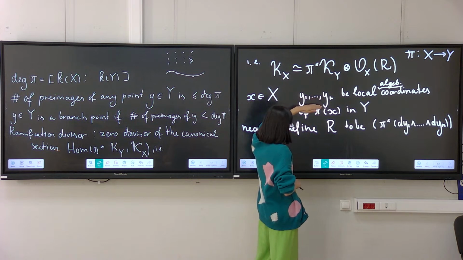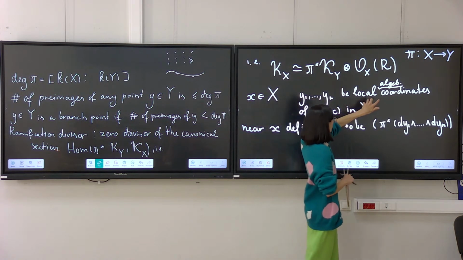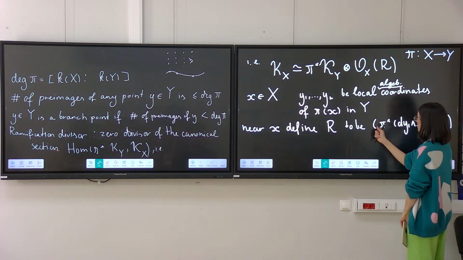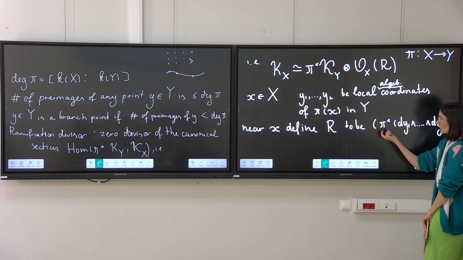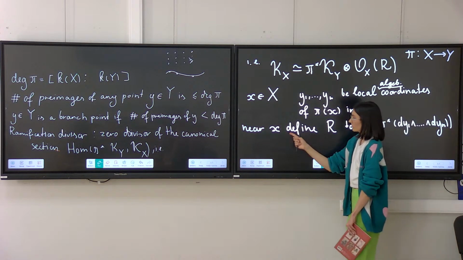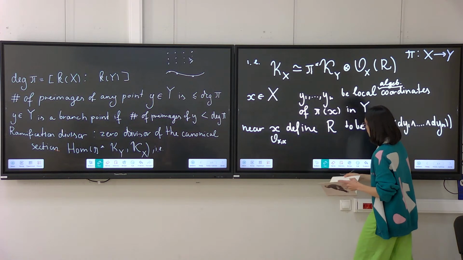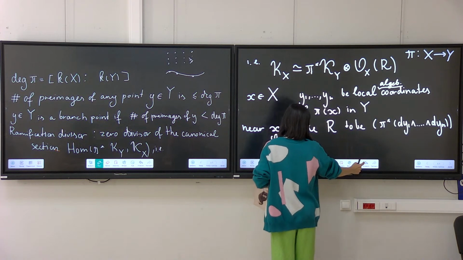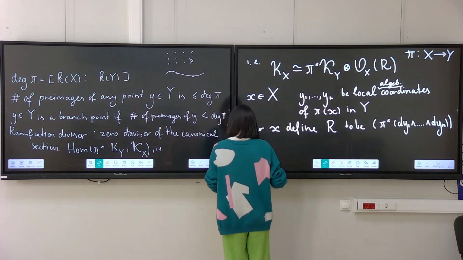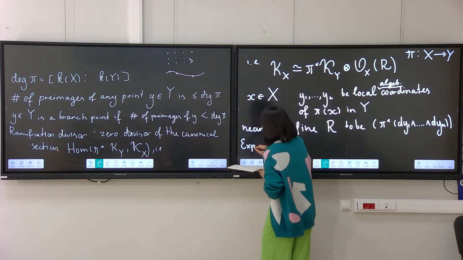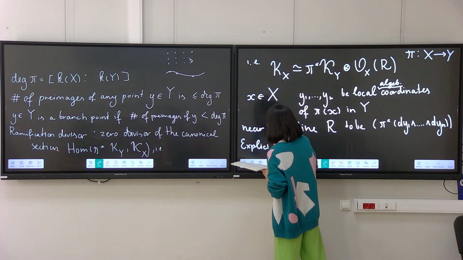It's easy to see that this definition doesn't depend on the choice of the local coordinates, because if we change local coordinates, then the corresponding divisor will change by something that is a unit in the local ring of the corresponding point. And now let me give a more explicit definition.